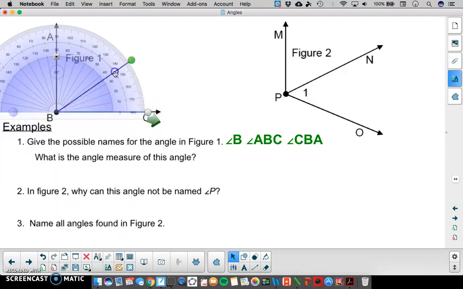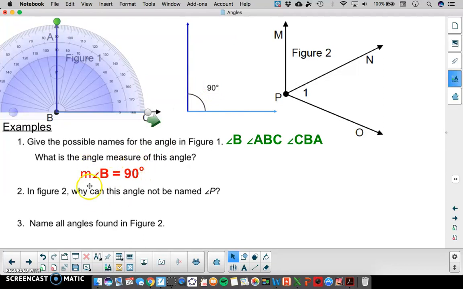So I'm going to measure that angle all the way to the other side, and we can see that angle measures 90 degrees. The way we would notate that is we would say the measure of angle B equals 90 degrees. This little M in front means measure. I want you guys to answer questions 2 and 3 on your own.